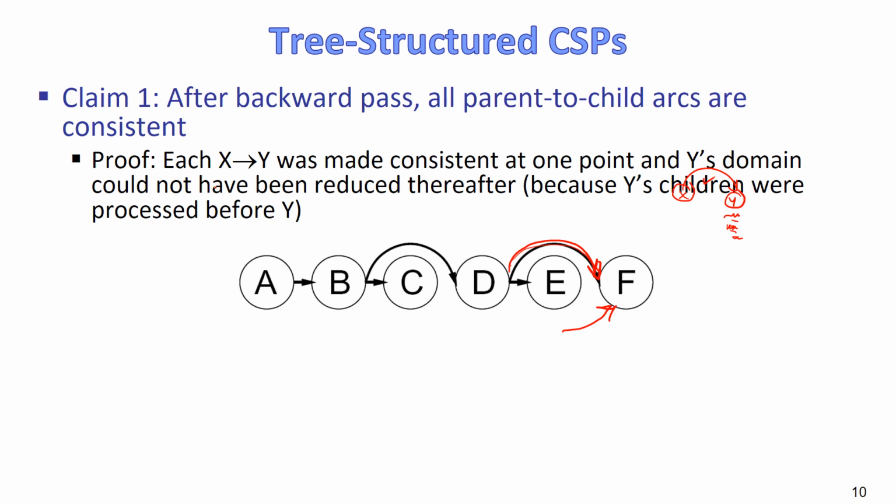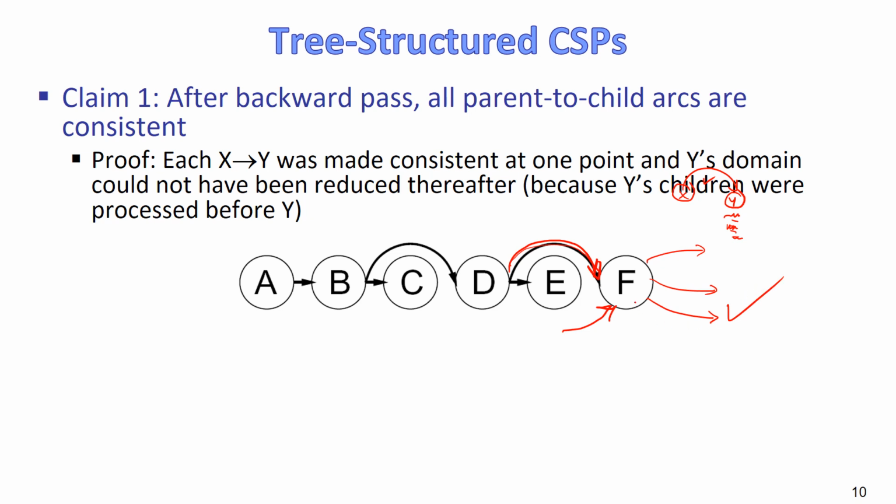If you look at this now, each x to y was made consistent at one point, and y's domain could not have been reduced thereafter, because y's children were processed before y. Once we process F, we will not process F to something else here, because we assume that the children of F are processed already.